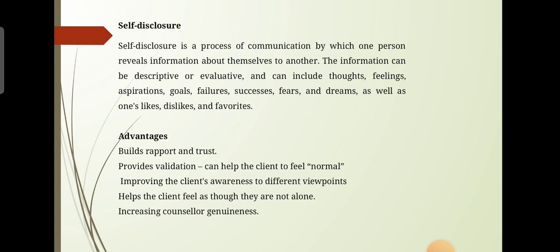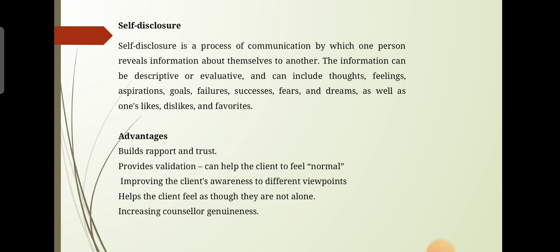So there are two types of self-disclosure: verbal self-disclosure and non-verbal self-disclosure. What do you mean by verbal disclosure? Whenever a person discloses about the self with the use of words, it is termed verbal self-disclosure. A person may share his thoughts, personal feelings, and confidential information about himself via words.